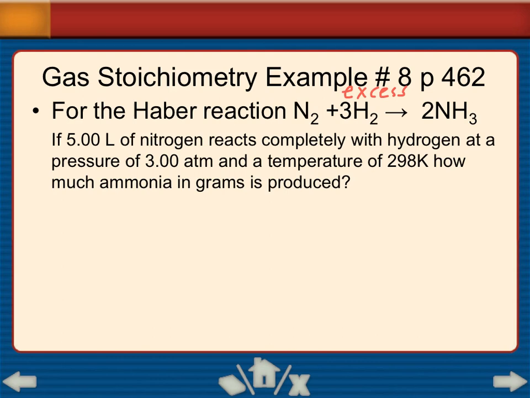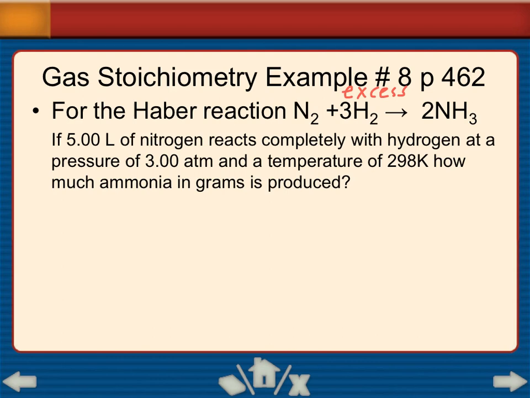Just a side note, the Haber process is very important in production of ammonia because ammonia is then taken on to produce fertilizers. This was a very big deal in the early 20th century.